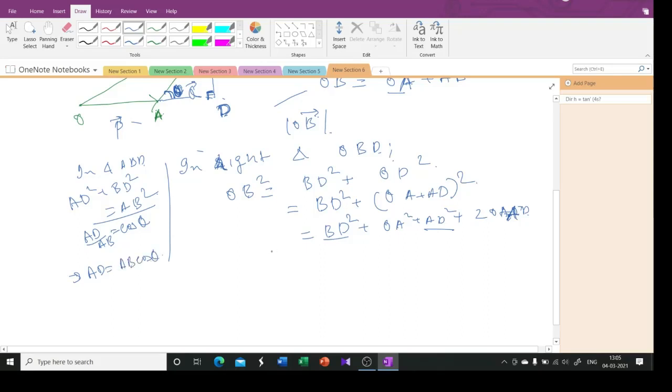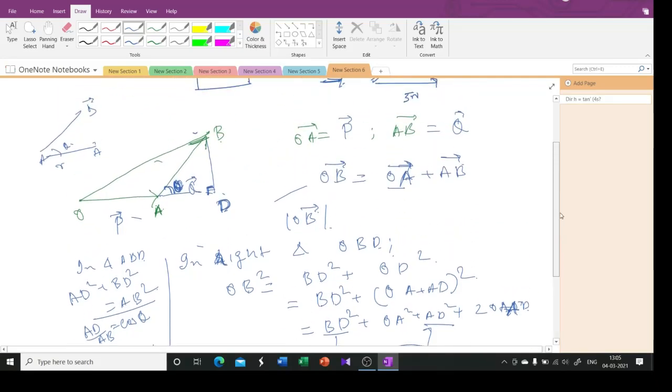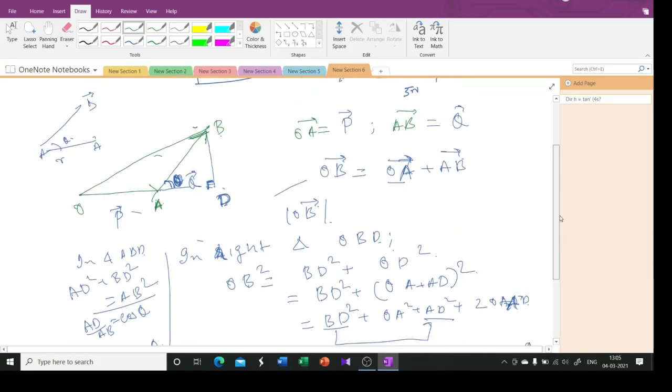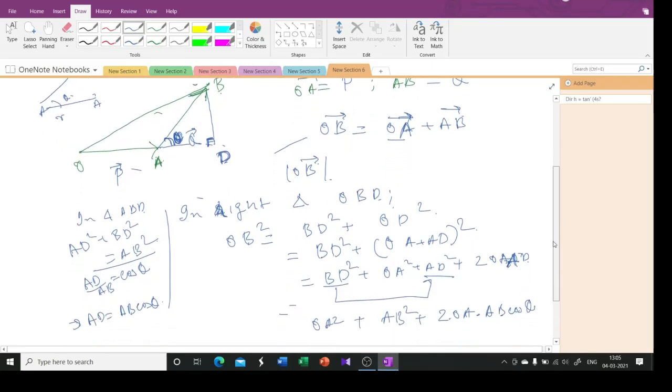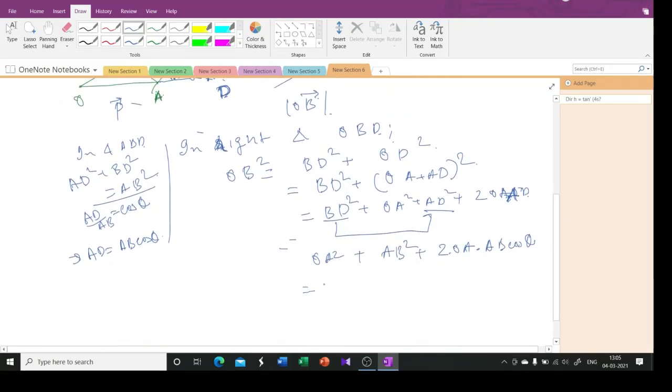Fair enough. So we club these two together. That becomes OS square. OS square we have from here, and BD square plus AD square is simply AB square. And 2 into OA into AD is 2 into OA into AB cos theta. Now what was OA? OA is P, so the length of OA is mod of P. So this is simply mod of P vector whole square.